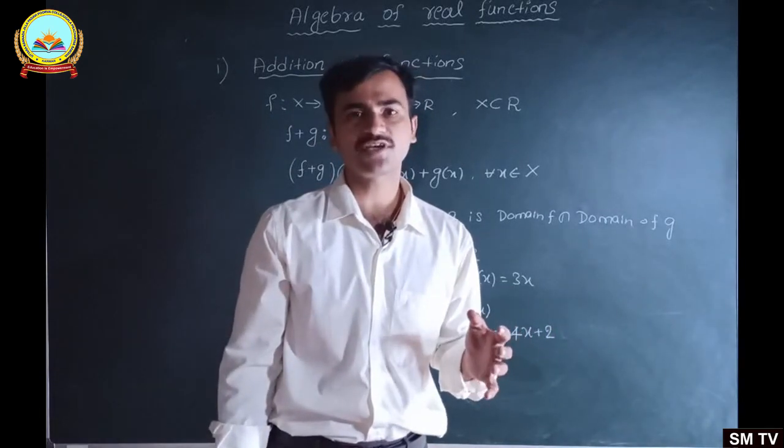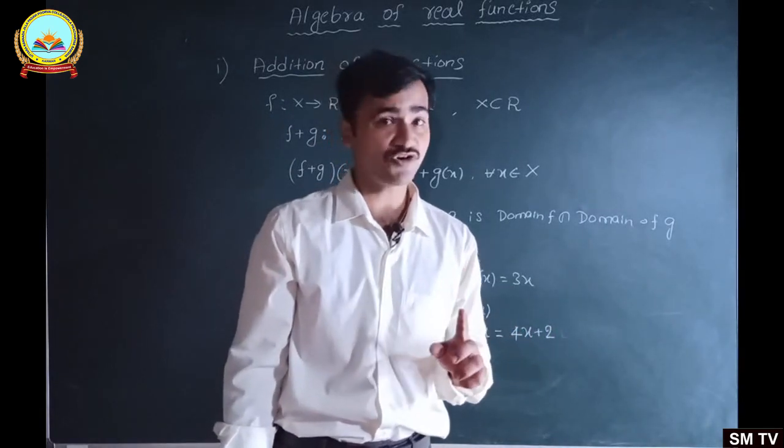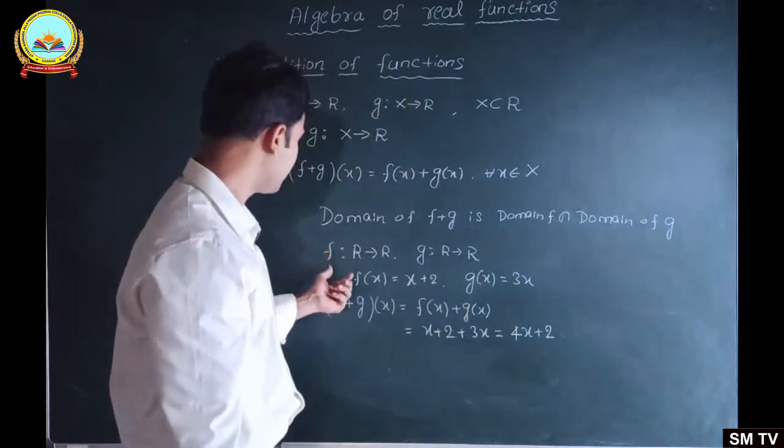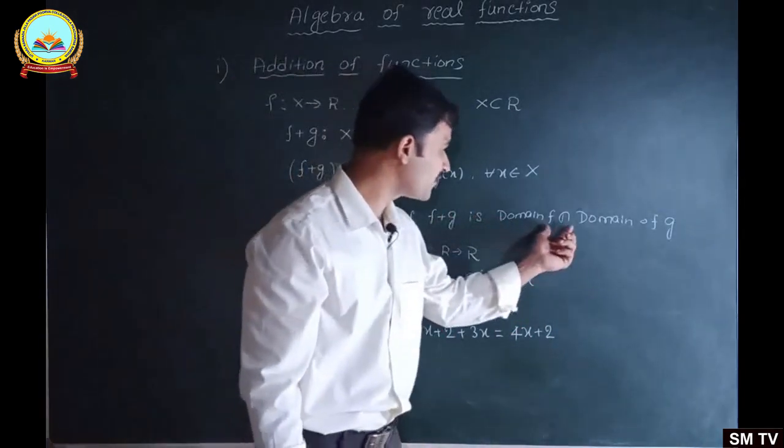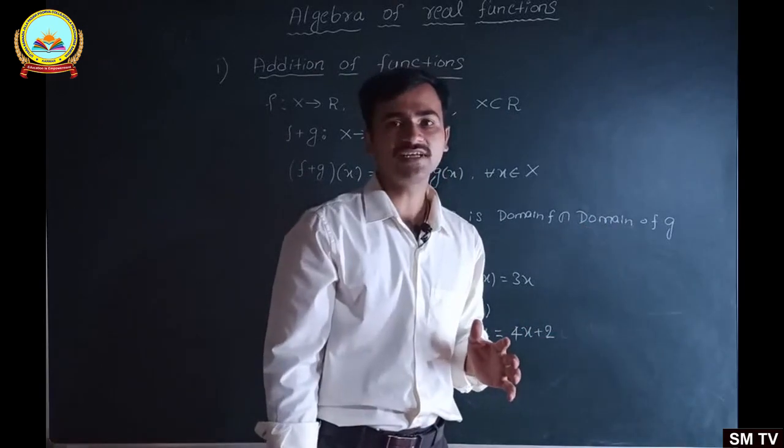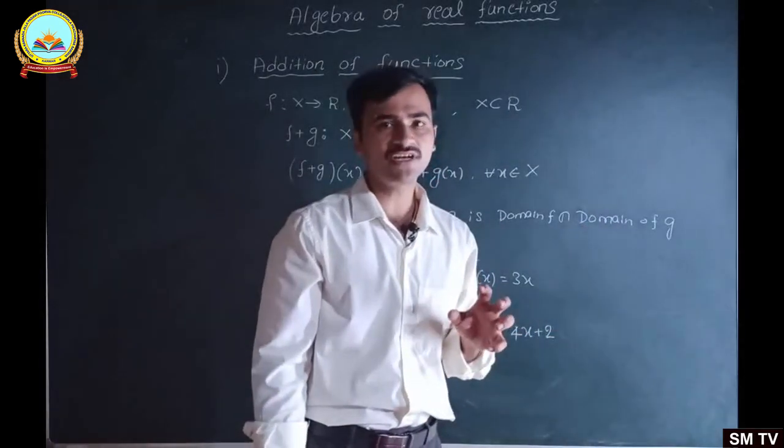A very simple observation: (f plus g)(x) equals f(x) plus g(x), but a very important concept is that the domain of f plus g will be the domain of f intersection the domain of g.